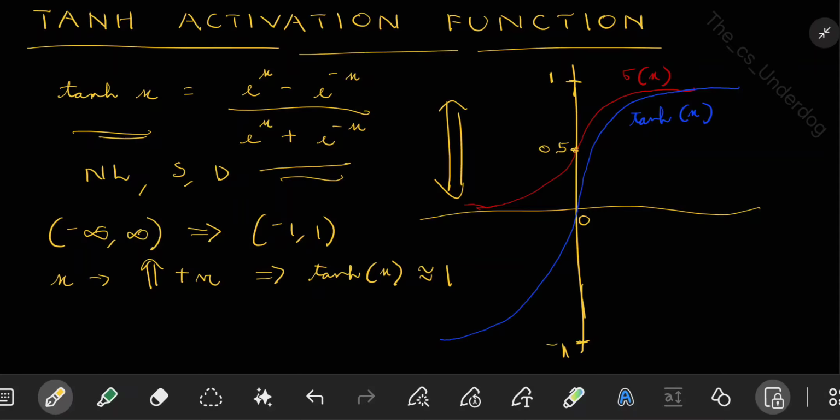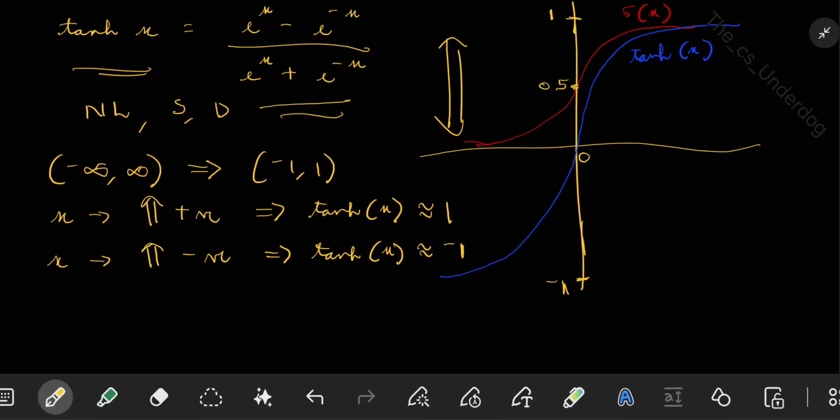Next, if your x is a very large negative number, this is where the difference comes in. Here, your tan h of x will take a value very close to -1. In case of sigmoid, this was taking a value very close to 0, but here it is taking a value very close to -1.